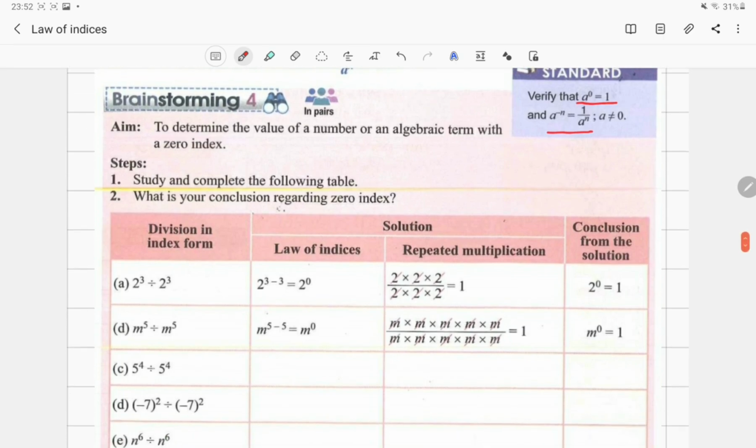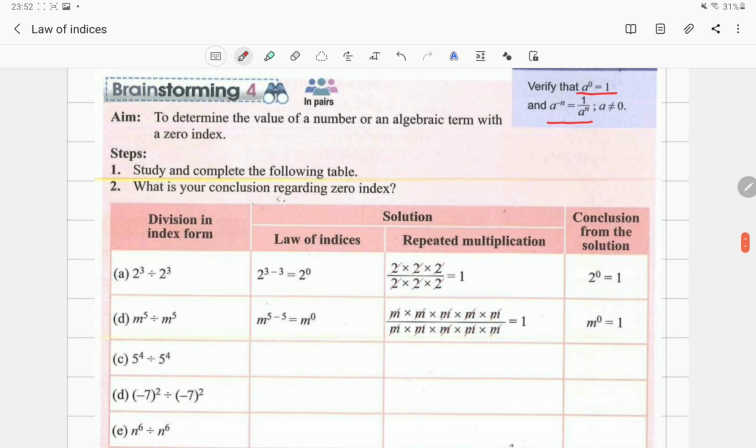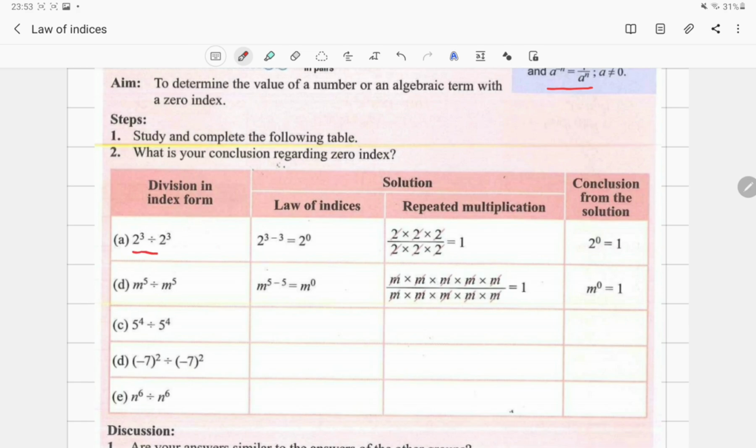Now we look at brainstorming 4 first, to determine the value of numbers or algebraic terms with a 0 index. Now study and complete the following table. Based on this table, look at this one, 2 to the power of 3 divided by 2 to the power of 3. When you use the law of indices, when it has the same base and involves division, we have to subtract its indices. So we get 2 to the power of 0.